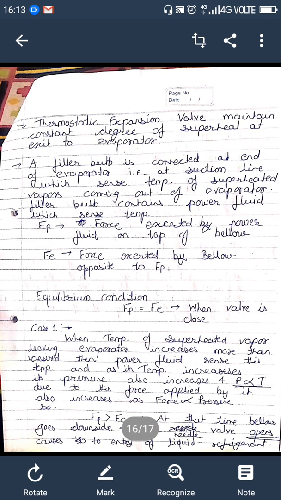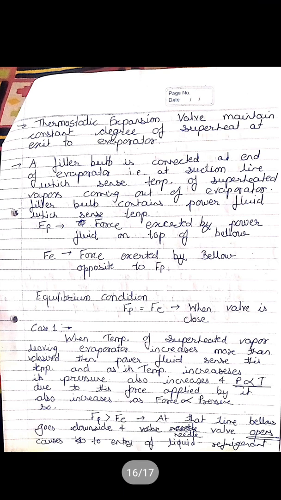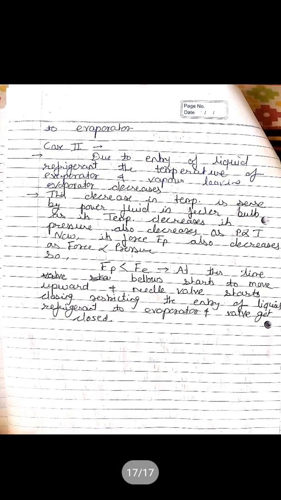The increase in pressure also increases its force, since force is directly proportional to pressure, so F of P goes on increasing. So F of P becomes greater than F of E. At that time the bellows goes downward and the valve opens, causing liquid refrigerant to enter the evaporator.